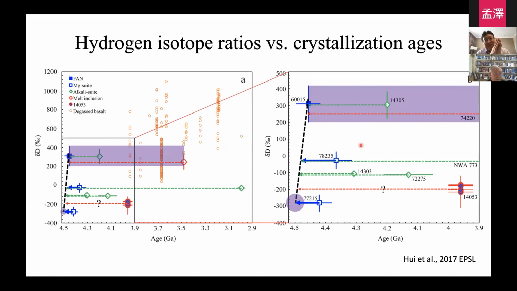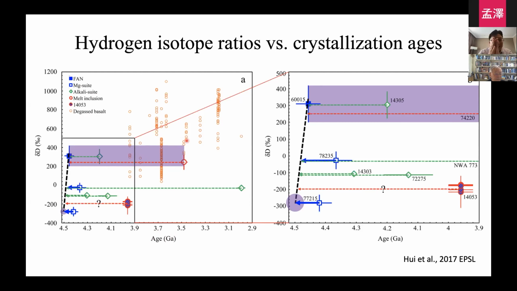So if we plot all the hydrogen isotopes in the lunar materials against their sample ages, what we can see in this figure is these orange circles. They show the data from the degassed basalts.